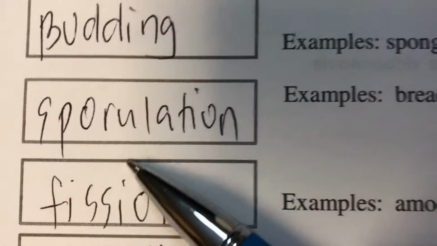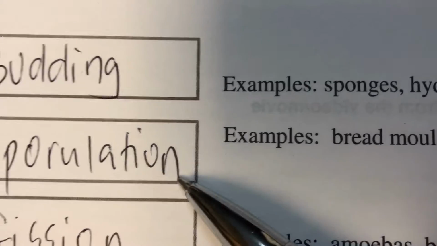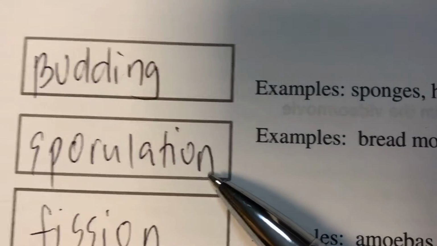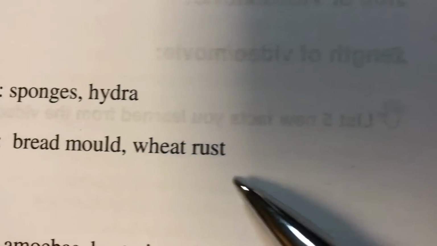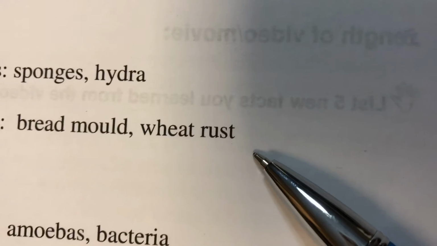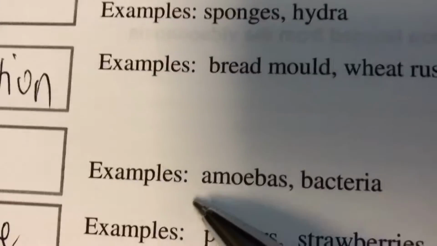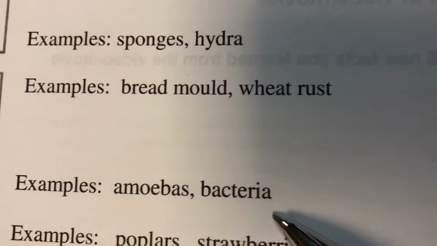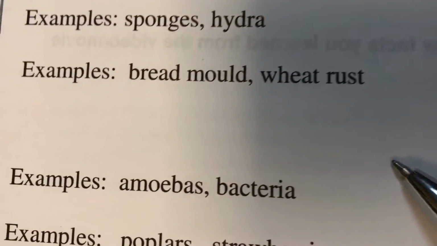The third box, this is a big word, is sporulation. From the word spores, right? Examples would be bread mold, wheat rust. Another method would be fission. So examples of organisms that reproduce this way would be amoebas and bacteria.